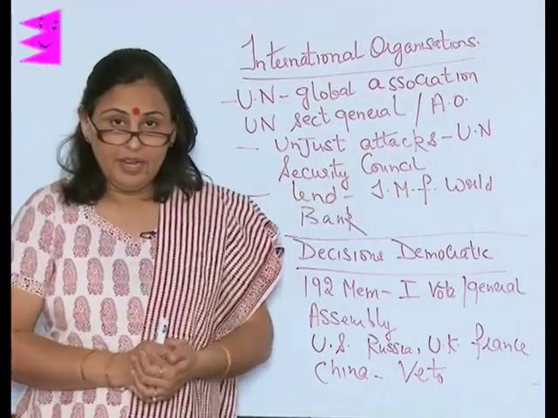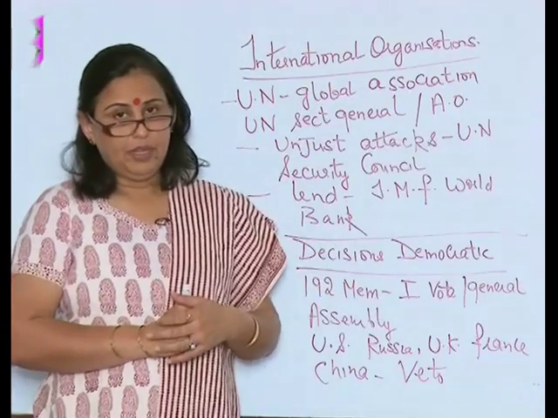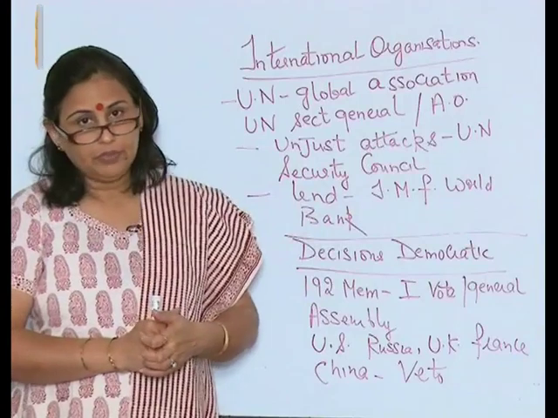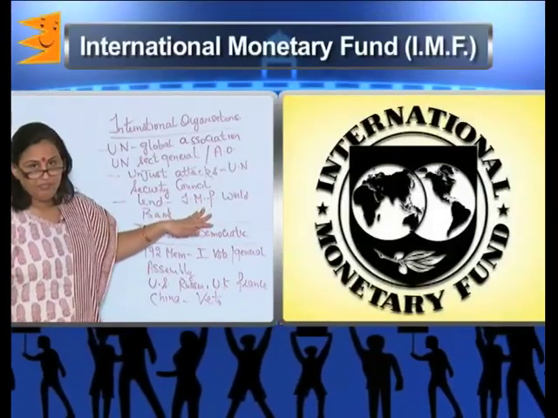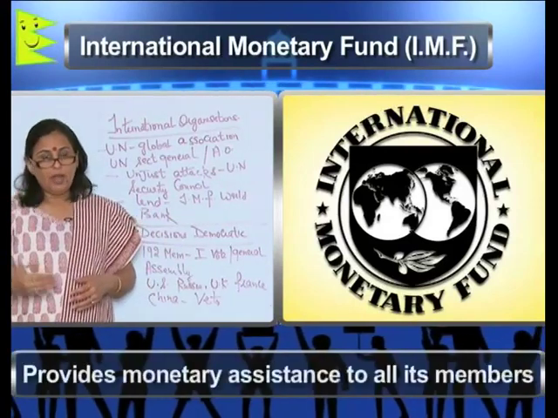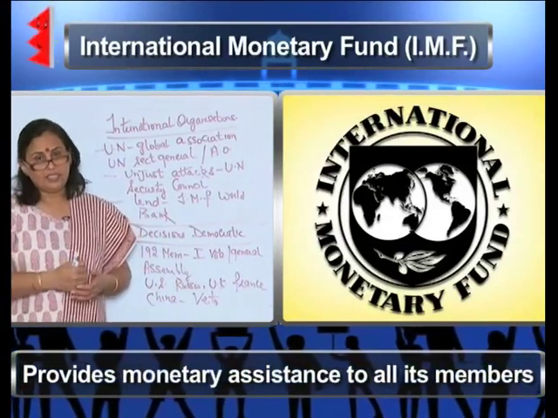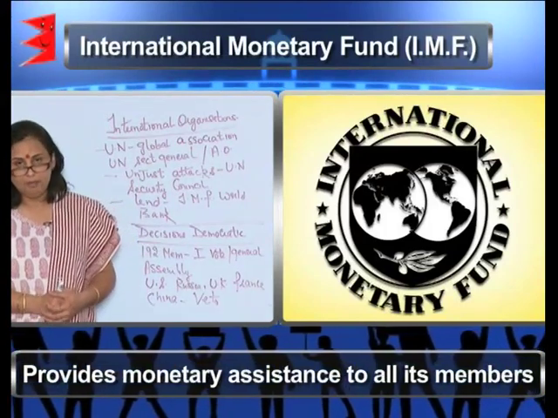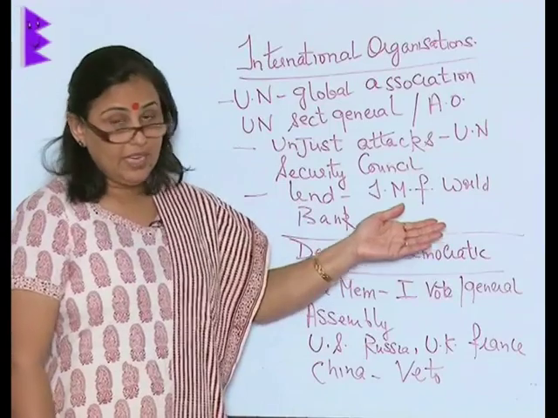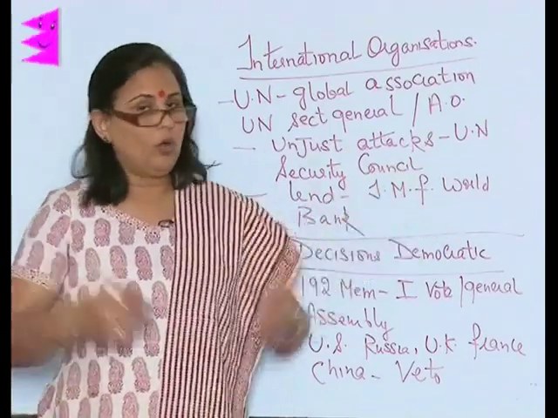Supposing a country needs money, then who is going to lend the money? The International Monetary Fund of the UN and the World Bank shall provide monetary assistance to all its members. This all seems very, very rosy. It seems as if there is a solution to all the problems.